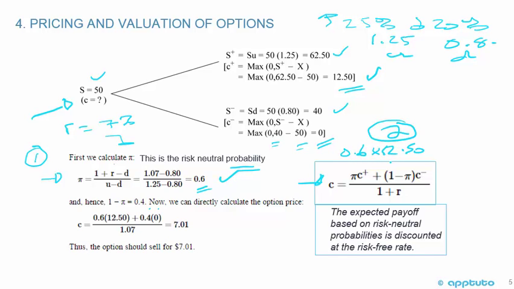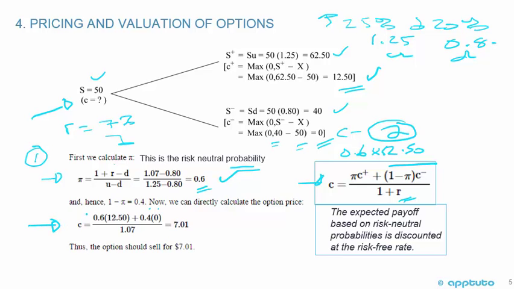And then it's plus 1 minus the risk-neutral probability, so that's going to be 0.4, 1 minus 0.6, times the call value if the stock price goes down, which is 0. So we can see this part of the equation is going to be 0 anyhow. So in our numerator, we're going to have 0.6 times 12.50. And in our denominator, we've got 1 plus R, which is, as we said, the risk-free rate, okay? So here we have the calculation for the price of the call.